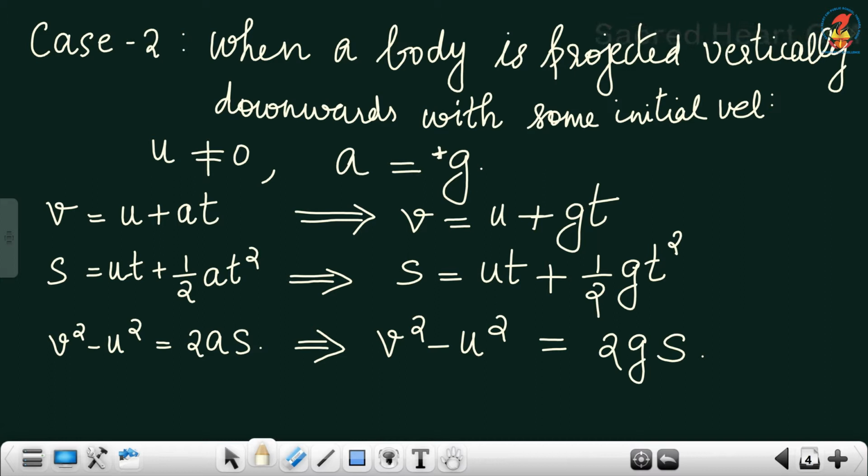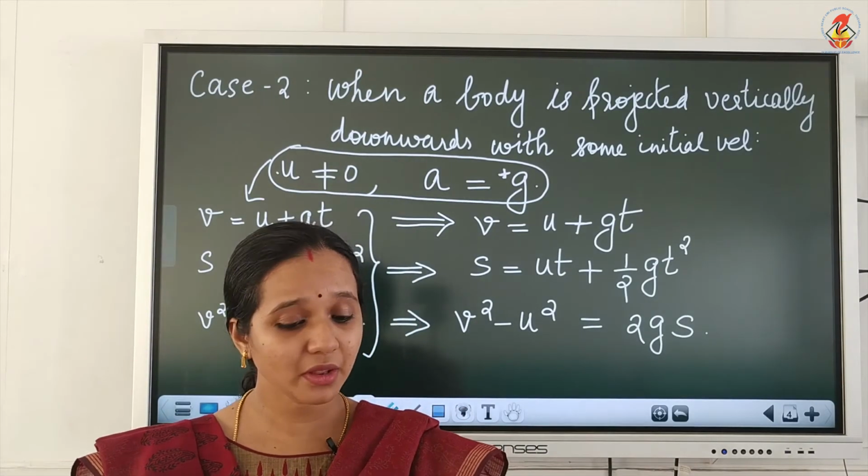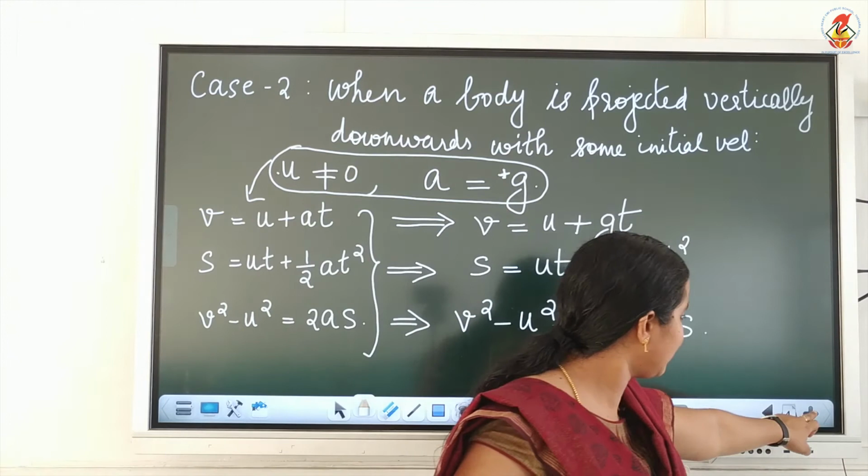And substituting these values in these equations of motion, we get the equations of motion for a freely falling body as v is equal to u plus gt, s is equal to ut plus half gt square and v square minus u square is equal to 2gs. Okay. Now moving on to the third case.